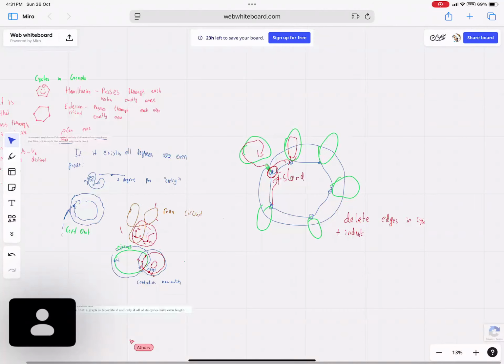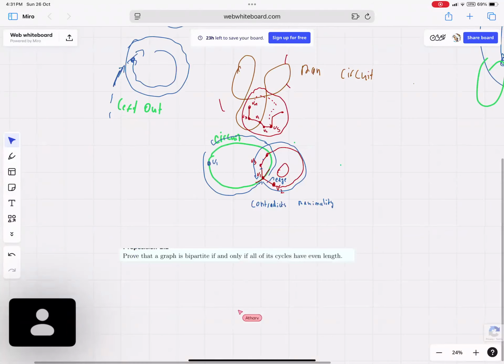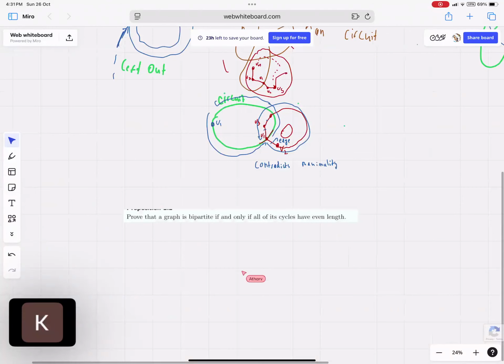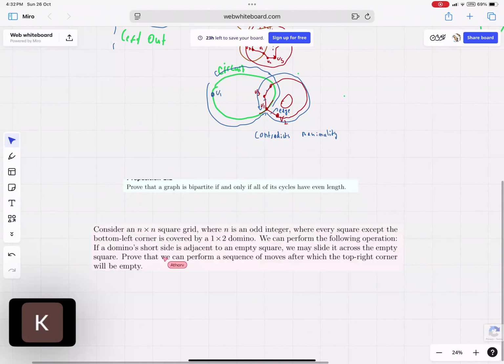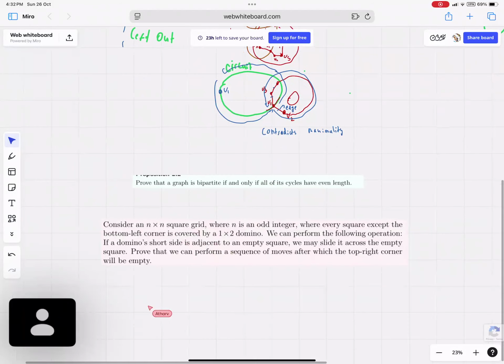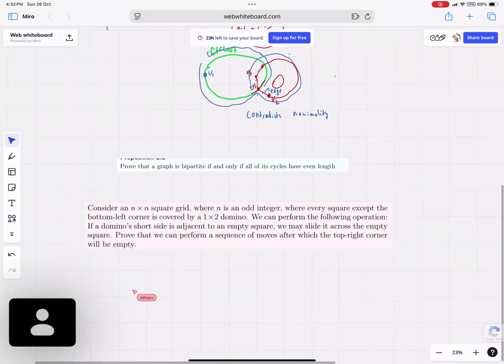Have you all seen this before? It's a pretty common result. I'll give a buffer. So this is your buffer if you've seen the previous result before.